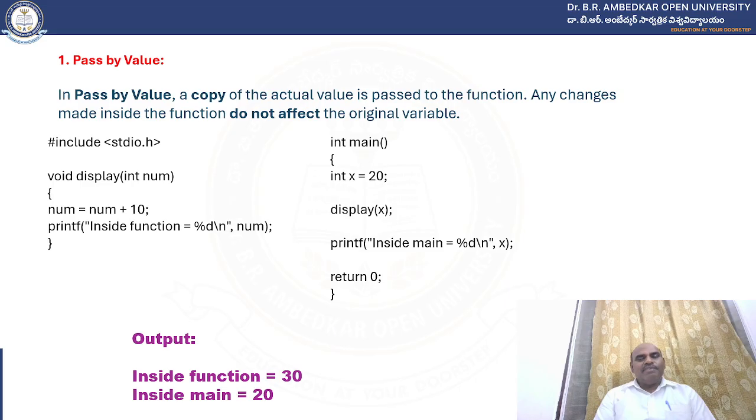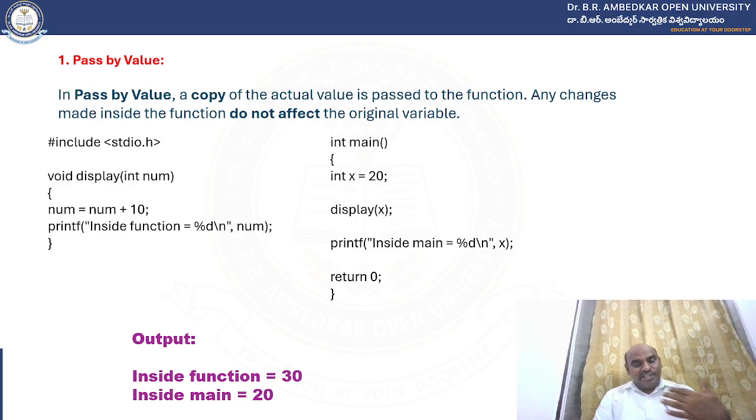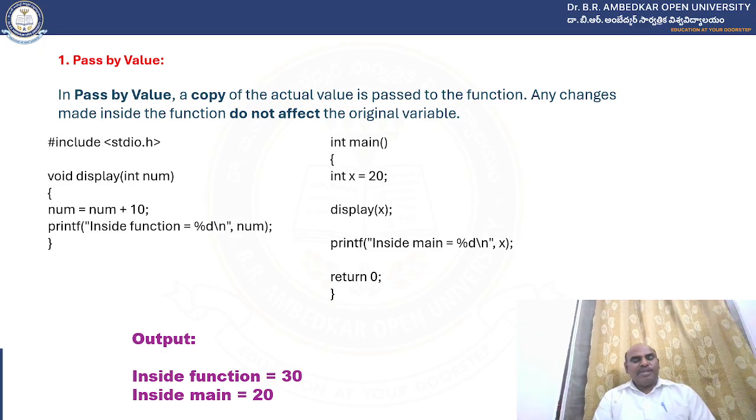That's why pass by value, call by value, means the actual value is passed to the function. Any changes made inside the function do not affect the original variable. Inside the function, we changed the value, number equal to number plus 10, but it is not affected in the main function.